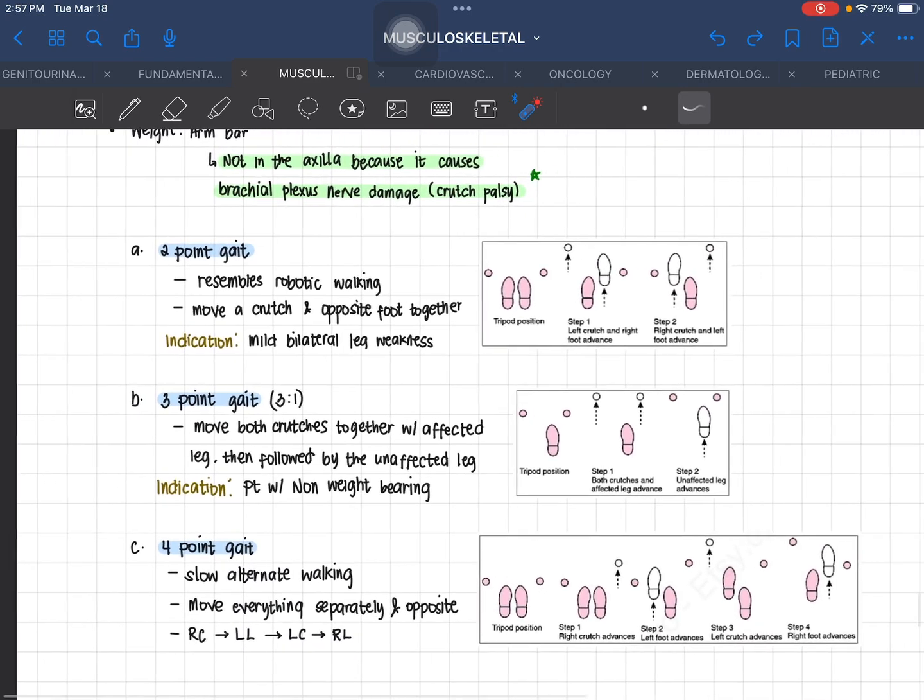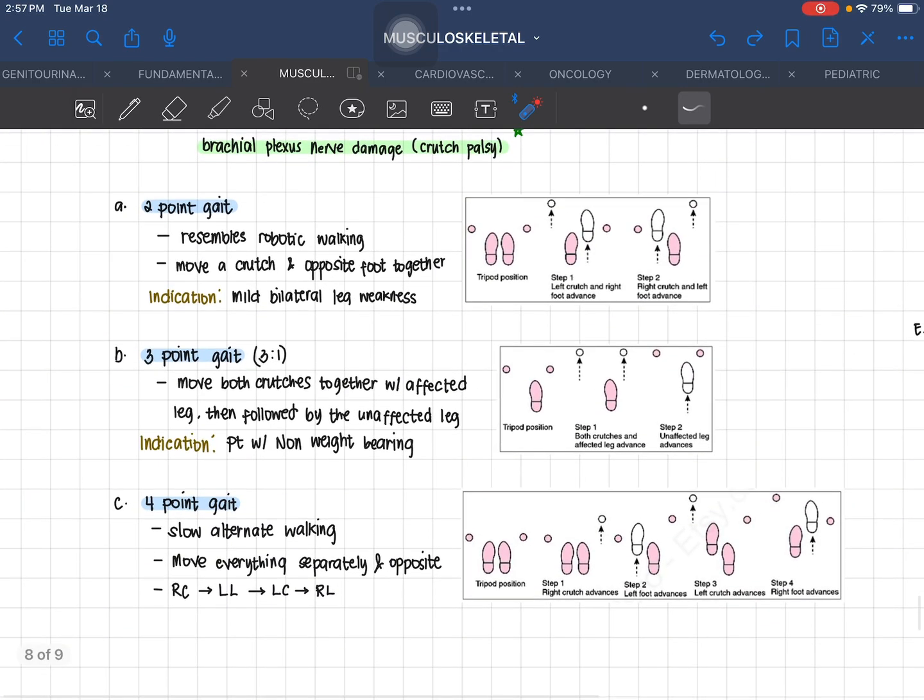Start tayo sa 2-point gait. 2-point gait, this resembles robot walking. So, ang gagawin mo dito sa 2-point gait, opposite yung gagamitin mo. Yung crutch mo sa right, and then yung leg mo sa left. So, sabay yon.